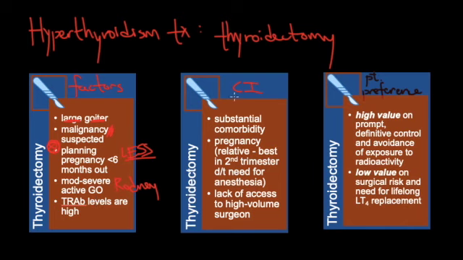And then when we move into contraindications to this form of therapy, if patients really have substantial comorbidities, if it's not really worth the risk of the surgery, we shouldn't go through with it. And then when it comes to pregnancy, if they really need this surgery during pregnancy, we want to wait till after the first trimester when everything's developing and moving and grooving.